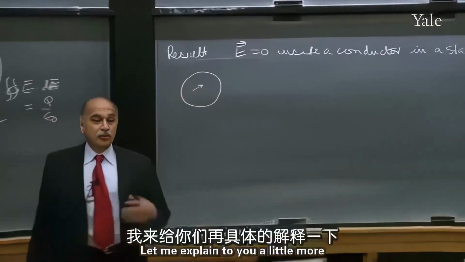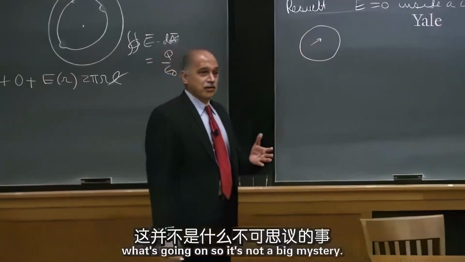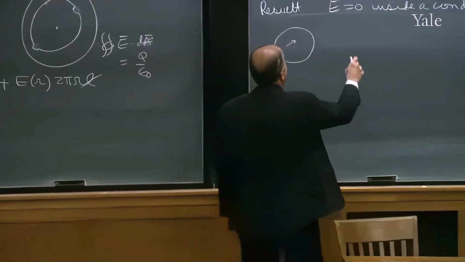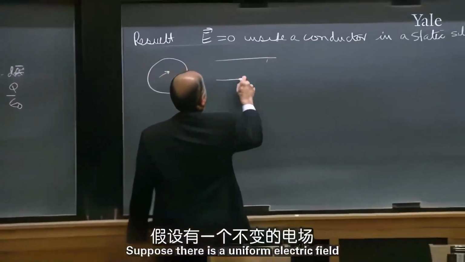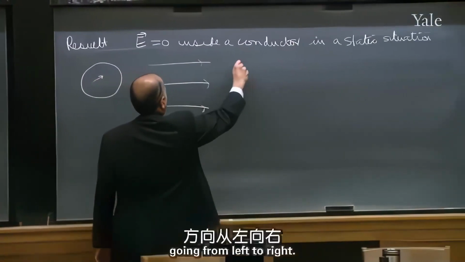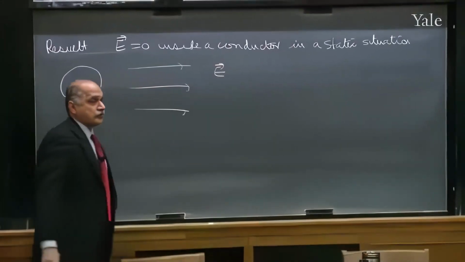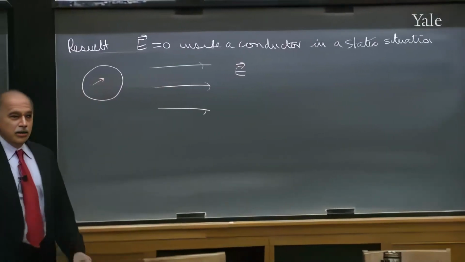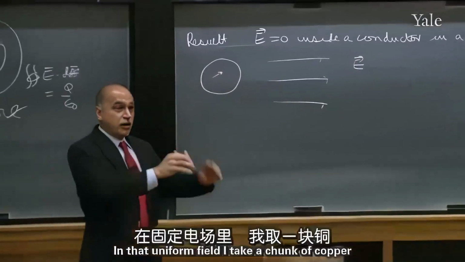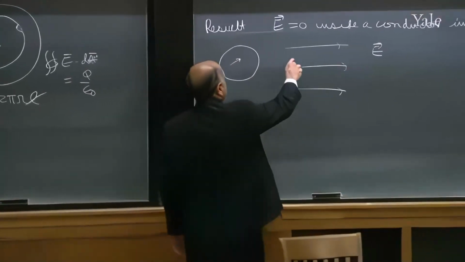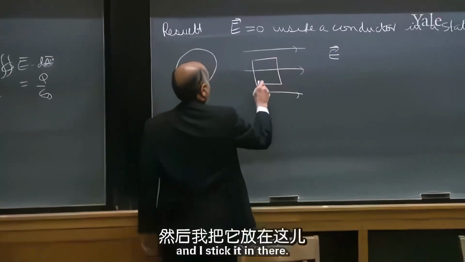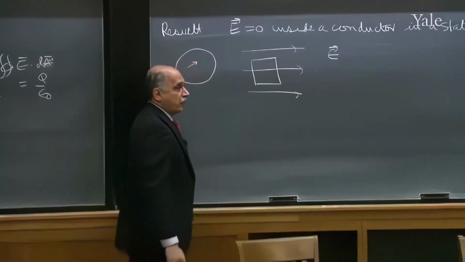Let me explain to you a little more what's going on so it's not a big mystery. Suppose there is a uniform electric field going from left to right. In that uniform field, I take a chunk of copper, like a nice rectangular chunk, and I stick it in there. What will happen?